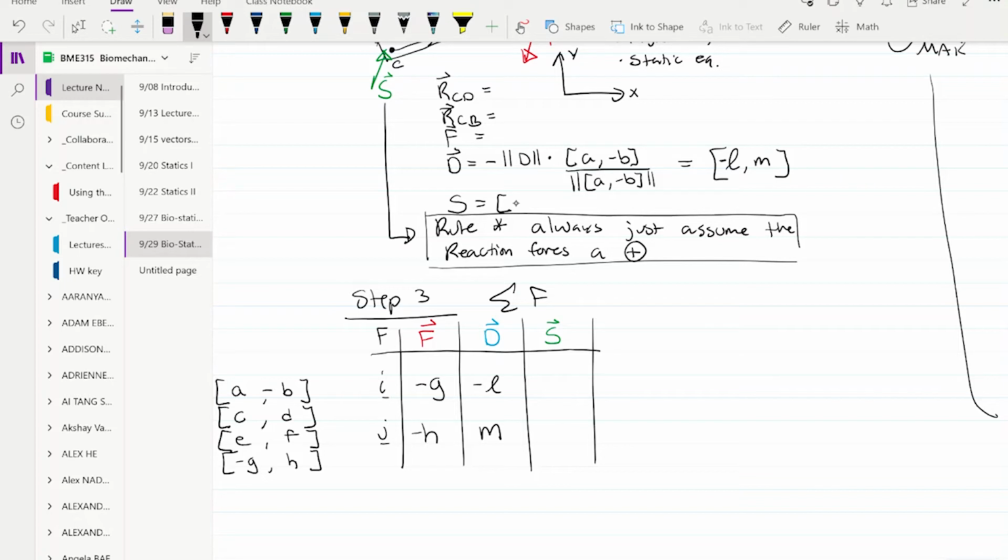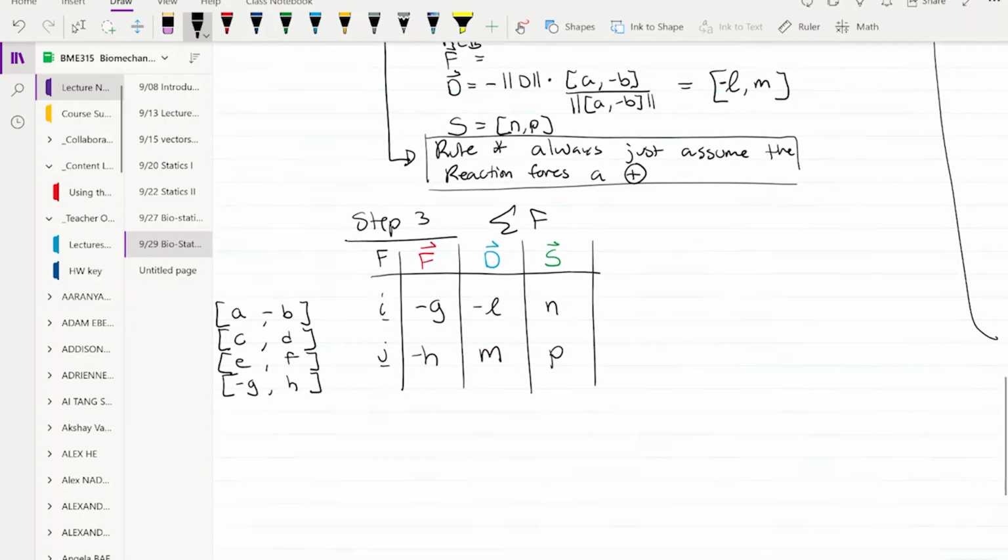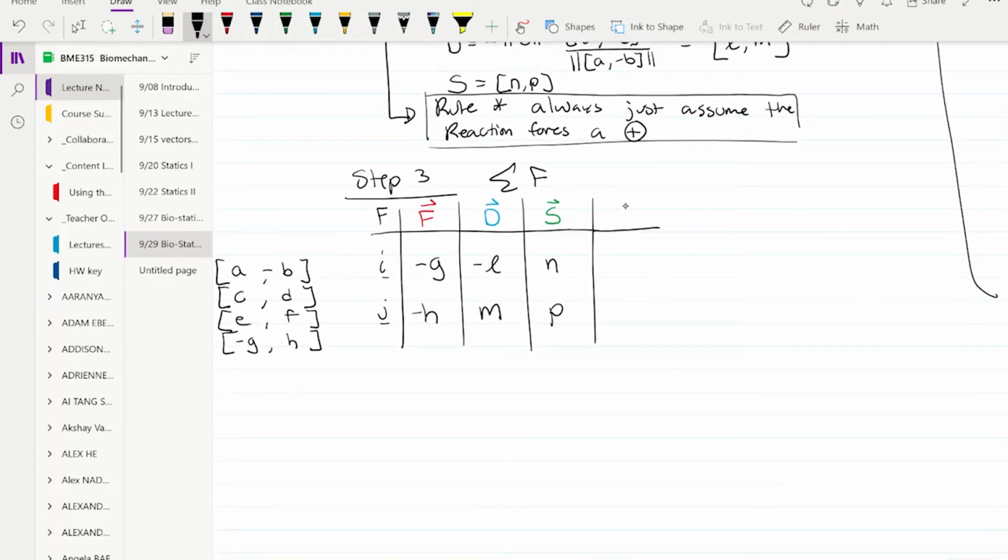So we'll call this NP. So sum of forces equals 0. Let's say negative G minus L plus N equals 0. Negative H plus M plus P equals 0. And let's call this equation 1 and equation 2.